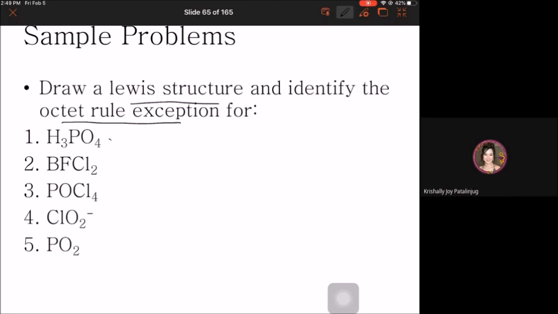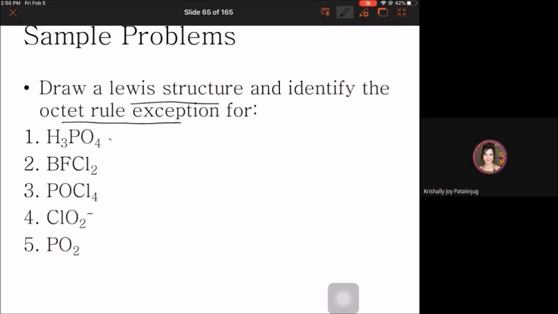The octet rule exception is either the central atom is electron-deficient, odd-electron, or it has an expanded valence shell.